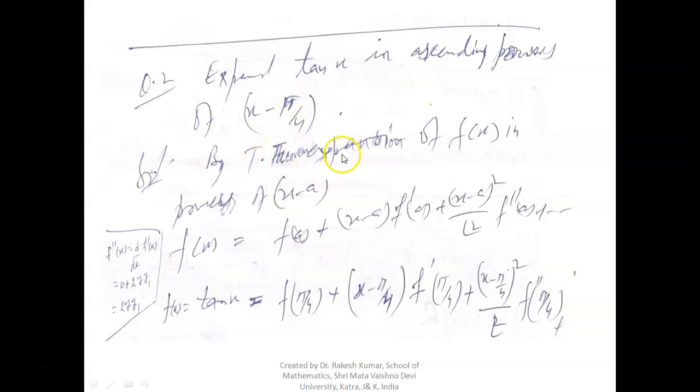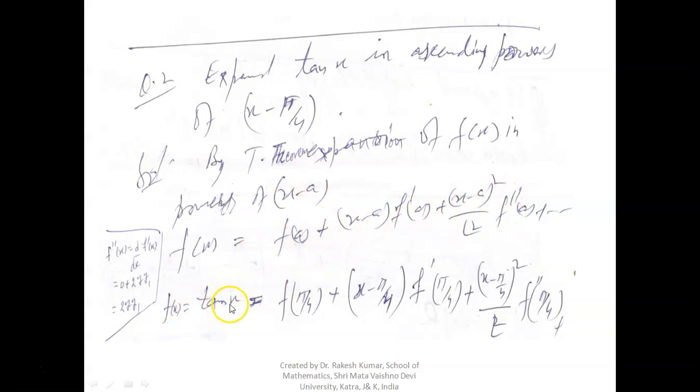By Taylor's theorem, the expansion of f(x) in powers of x minus a, which we obtained in the previous two slides: f(x) can be written as f(a) plus (x minus a) f dash a plus (x minus a) whole square upon 2 factorial f double dash a, and so on. You should remember that this is the expansion of any function f(x) in increasing powers of x minus a. So we will use this expansion now.